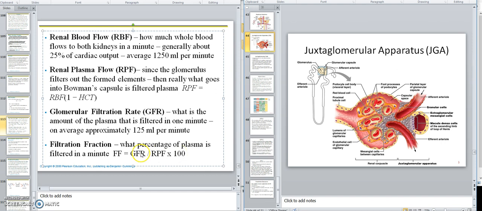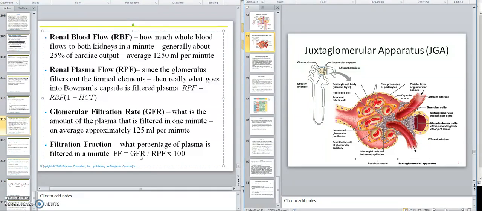Let's take the 625 that we could have gotten, if the crit was 50%. We take 625 as our denominator and 125, the GFR, as our numerator.